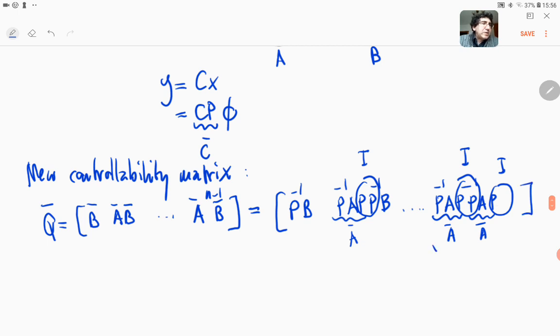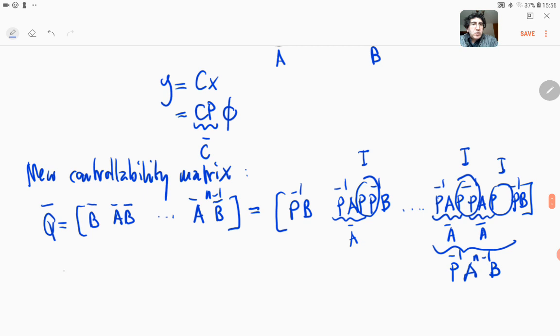So this whole thing will be equal to P to the power minus 1 times, and in the end you will have P to the power minus 1 B. The P to the power minus 1 is going to be combined with P to get you an identity matrix, and finally you will have B here.